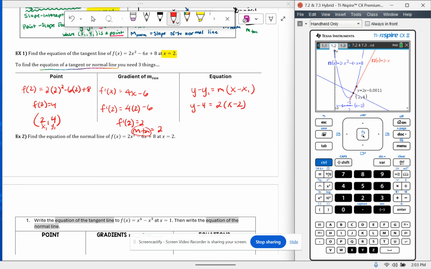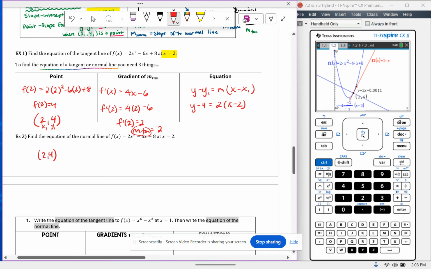It's that same point we found up here, so we can just use that same point again. Except now, for a normal line, the gradient will change. We will now have the negative reciprocal of the tangent line's slope as the slope of the normal line. We still plug it into the same structure. That's the equation of the normal line.